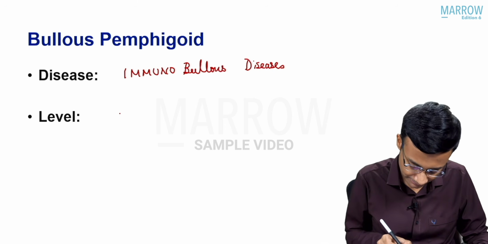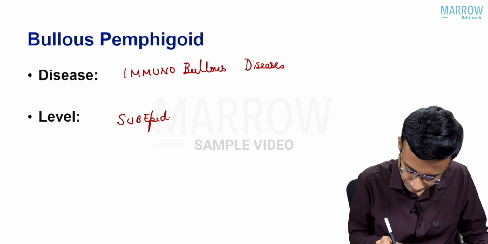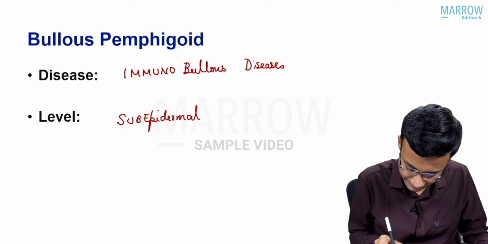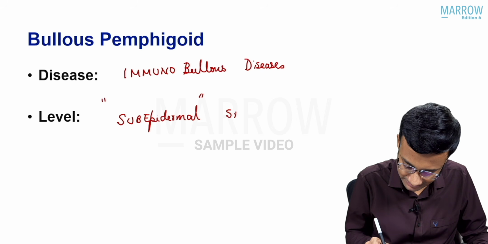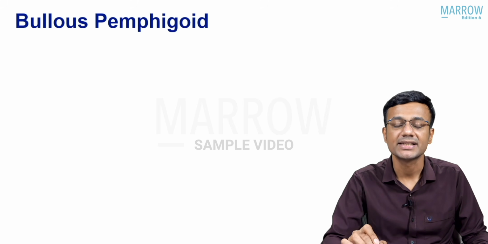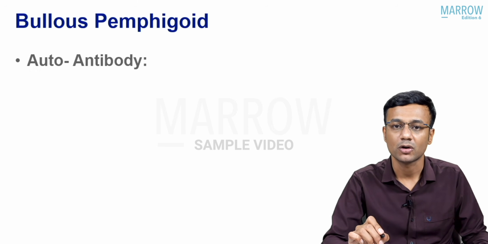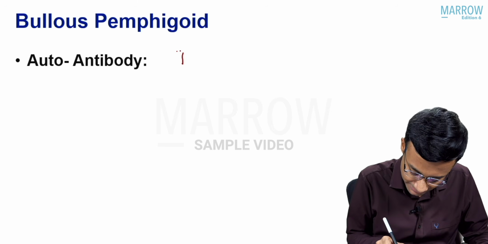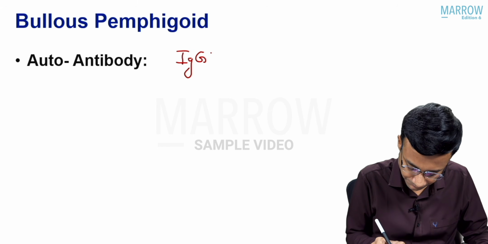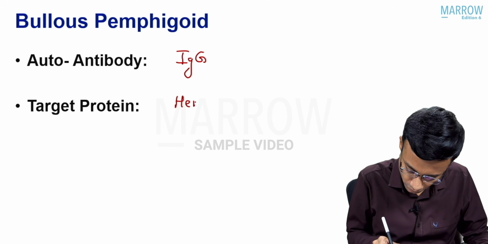So please remember, this is characterized by a subepidermal split. Next, what is the autoantibody which is getting deposited in bullous pemphigoid? The autoantibody here is IgG. The target protein here is hemidesmosomes.